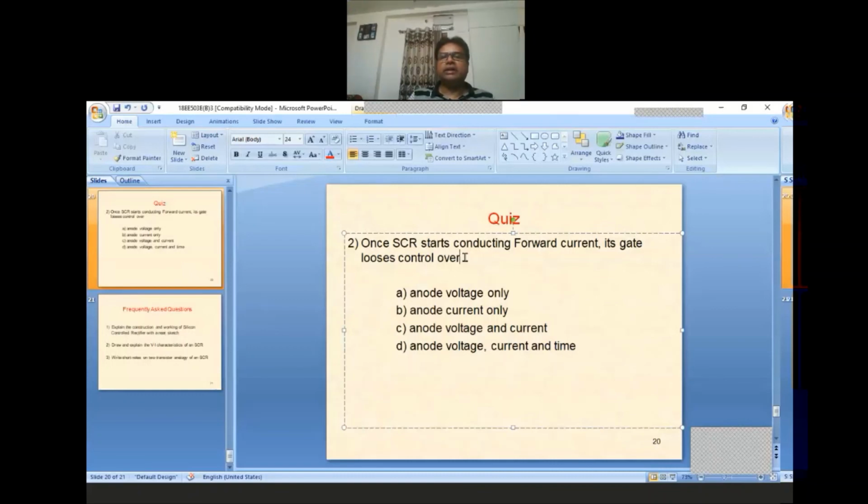That is, when gate triggering pulse is given, it aids in increase of forward current, that is current from anode to cathode, because of which voltage will decrease. Voltage drop across the SCR will decrease. So from these options, the probable and best possible option is anode voltage and current.